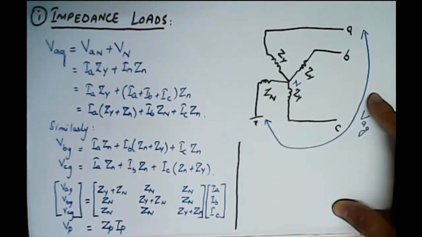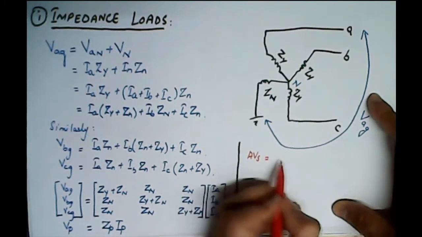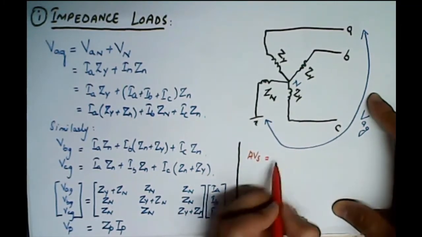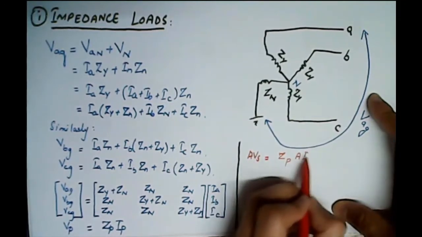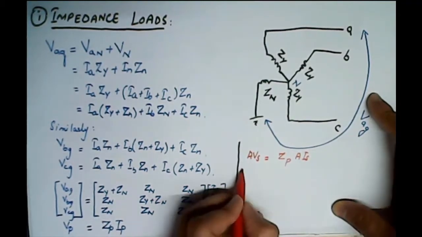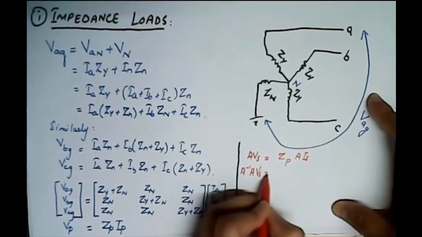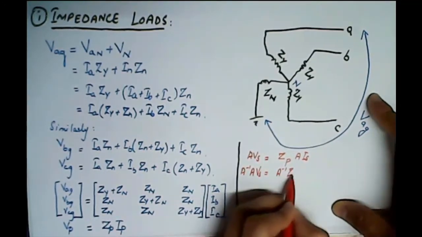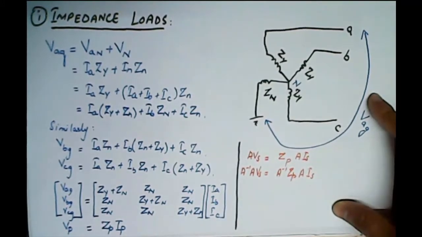So VP equals A VS, so this would be A VS equals ZP times A IS, right? And when we multiply with A inverse, A VS equals A inverse ZP A IS. So here A inverse A would be equal to I, and I times VS will be VS.